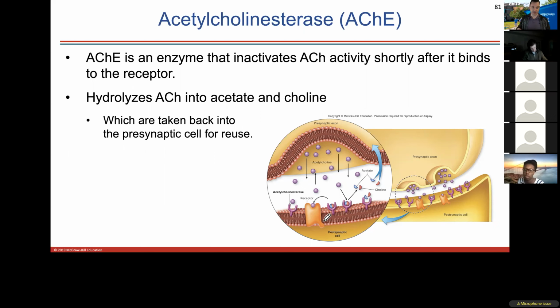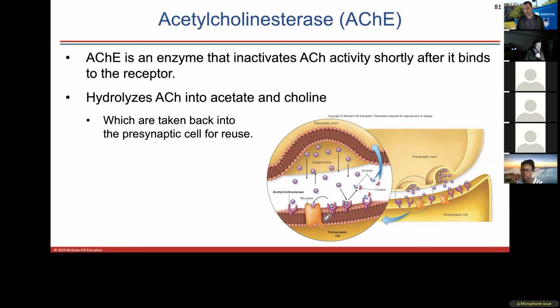As you can see from the picture there, acetylcholinesterase, it's ASE. Remember, whenever we see ASE, we always know it's an enzyme. Acetylcholinesterase breaks it down into acetyl, or acetate, I guess I should say, and choline.